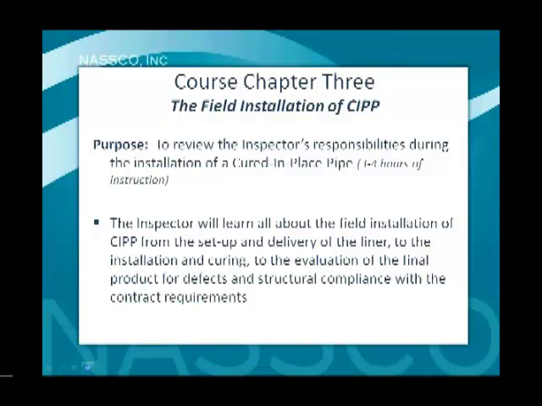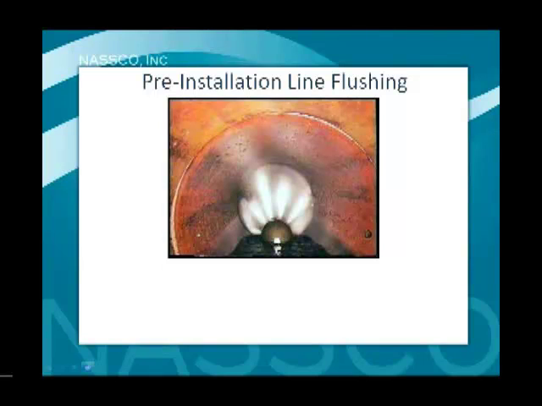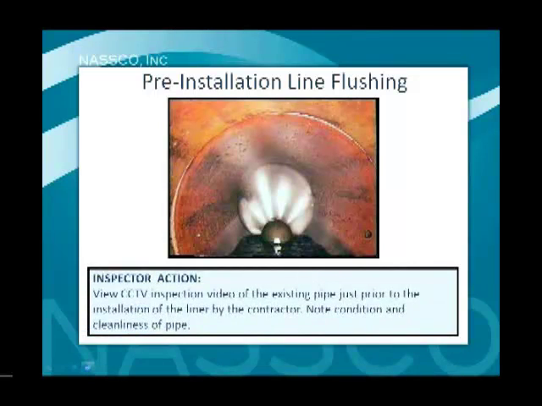So let me show you a few of those so you can see what we're giving them. First off, here's a slide from the course called Pre-Installation Line Flushing. You'll note in the bottom of that slide it says Inspector Action. These will be throughout Chapter 3, where we're telling the inspector key things that he or she should be doing in order to make sure that they get a good job with cured in place pipe.